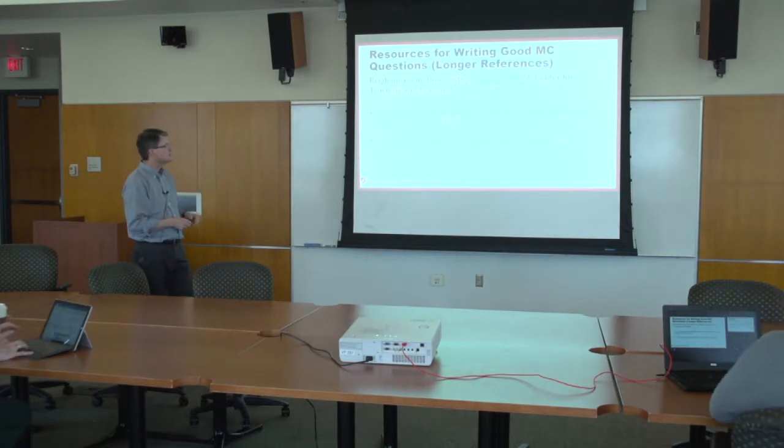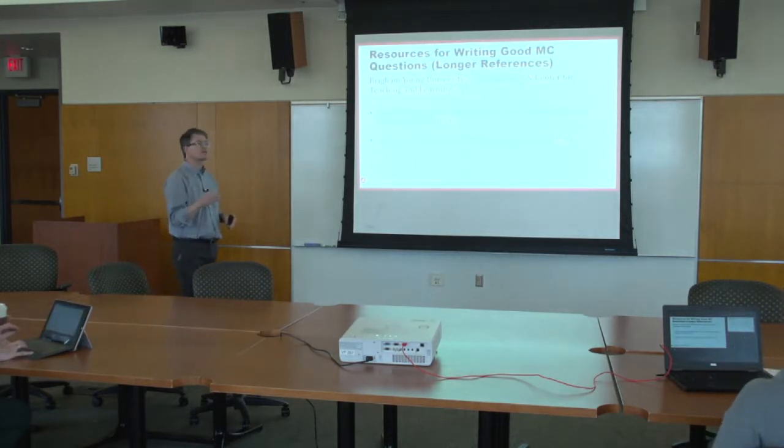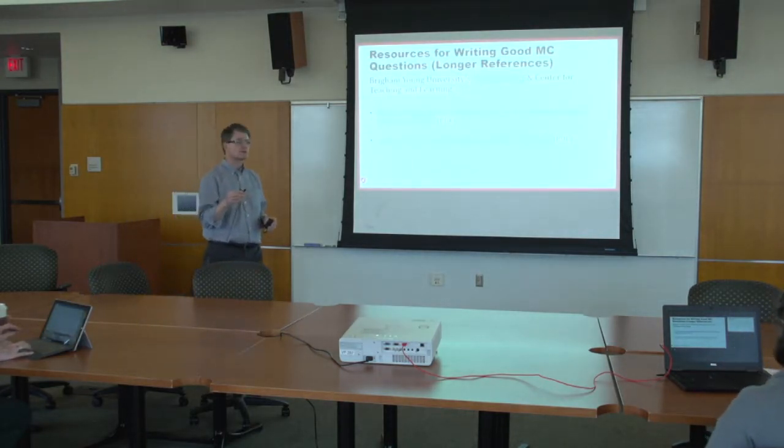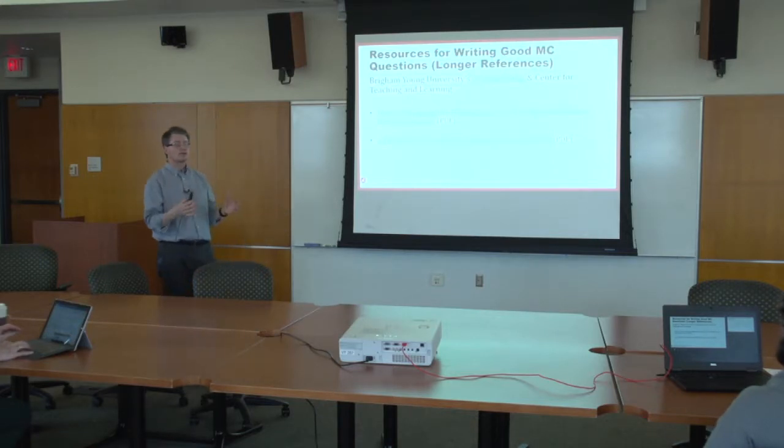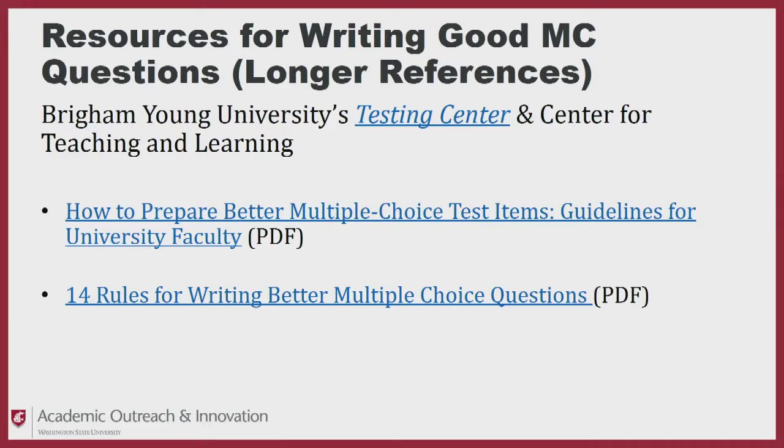So in these particular cases, there are some other deeper resources, and around the country there are a number of centers for teaching and learning, or teaching academies, or other sorts of resources on various campuses.